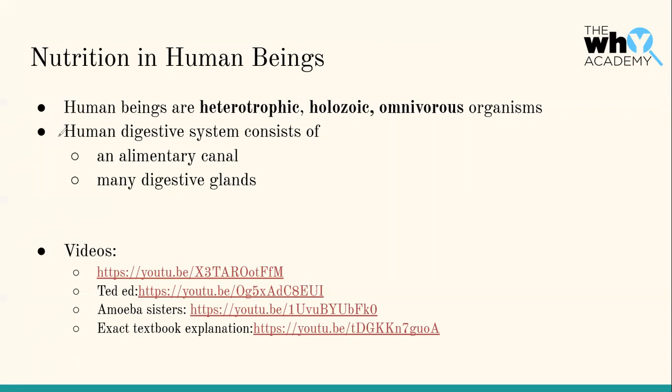Okay. Right. So human beings are heterotrophic, holozoic, and omnivorous organisms. I think now you'll be able to understand this line correctly, right? Heterotrophic basically means they depend on other organisms for food. They don't make their own food. That is heterotrophic.